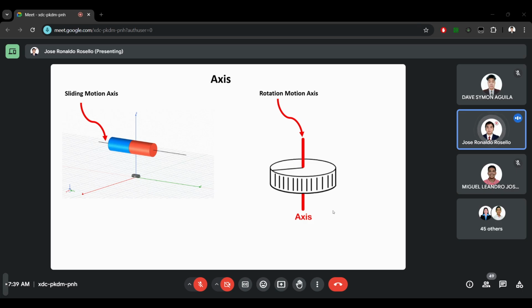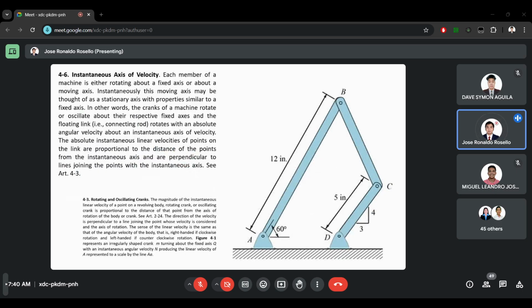But for this topic, the instantaneous axis of velocity, we will work on the principles of the axis as a point of reference for the rotation motion. In simpler terms, the axis of a rotating equipment, of a rotating machine part, is the center of it. What is an instantaneous axis of velocity?